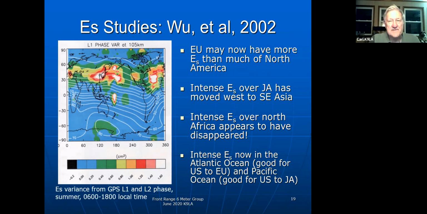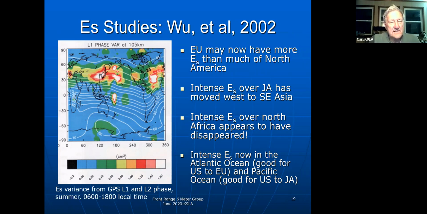And what's interesting is it looks like Europe has more sporadic E than North America, at least back in 2002, compared to 1958. The intense sporadic E over JA back in 1958 looks like it's moved west a bit to Southeast Asia. And the intense sporadic E in '58 over North Africa appears to have disappeared.